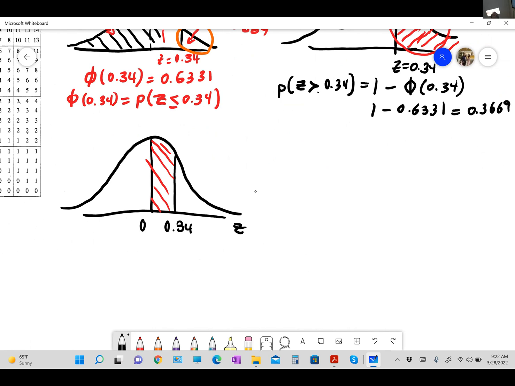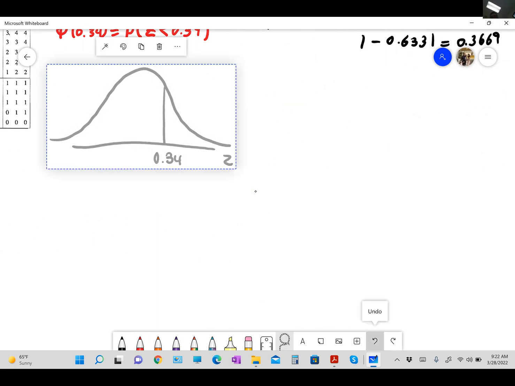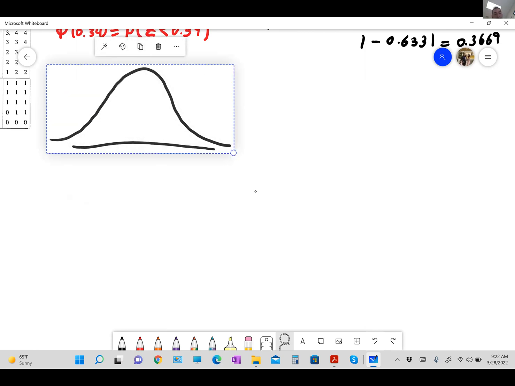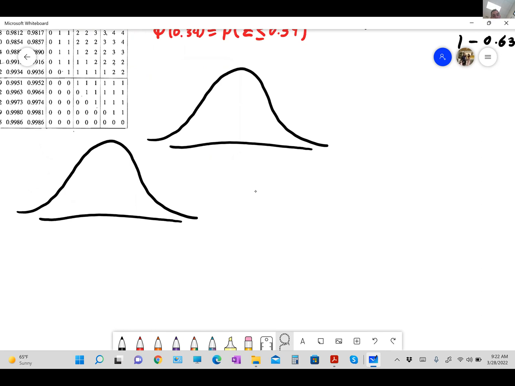So just to make it visual, let me be kind of cool about this. So there we have that. Let me go ahead and lasso that. I'm going to make 2 of them. Copy, paste, paste.